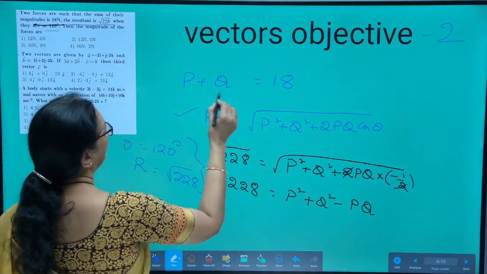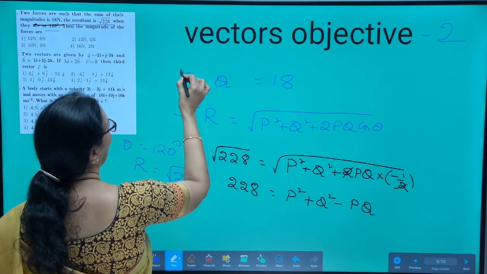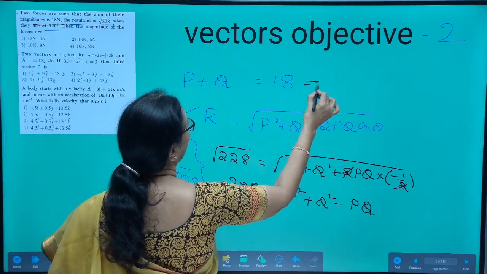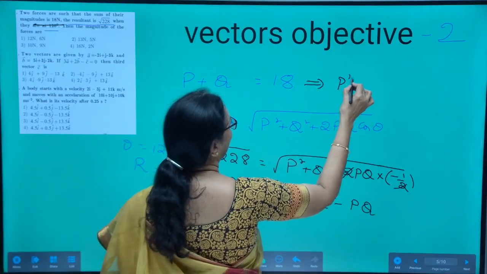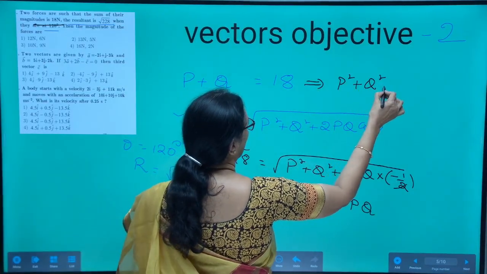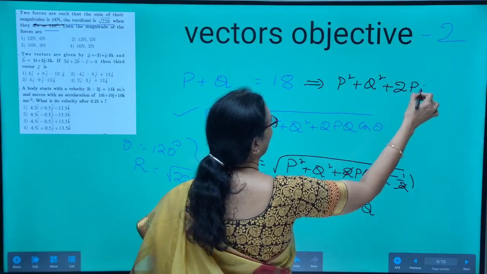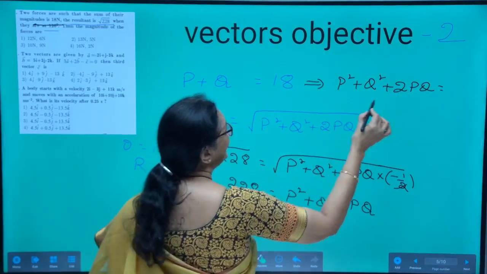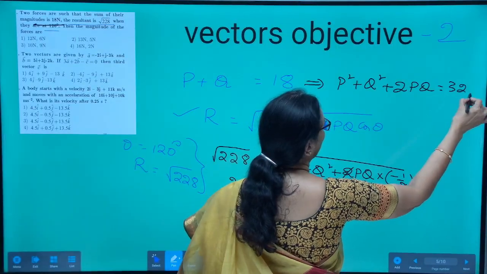Squaring p plus q equals 18 on both sides, we get p square plus q square plus 2pq is equal to 18 square, that is 324.